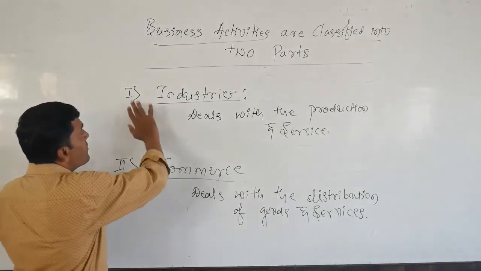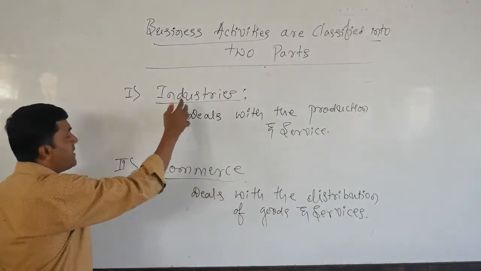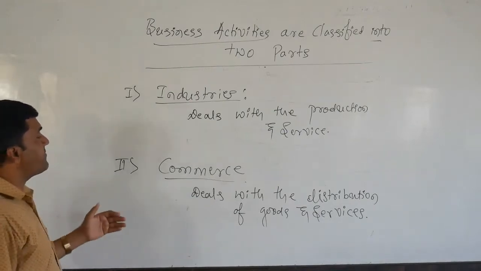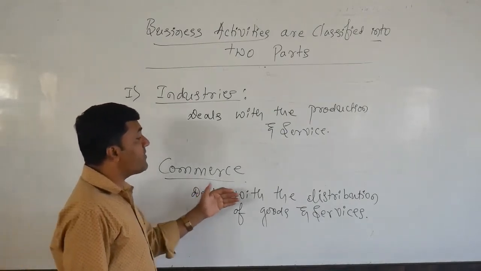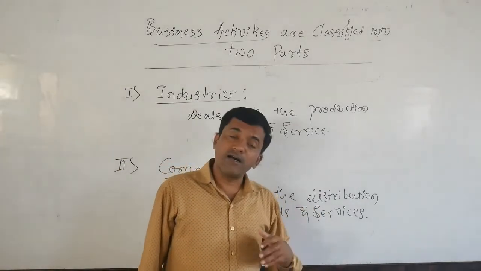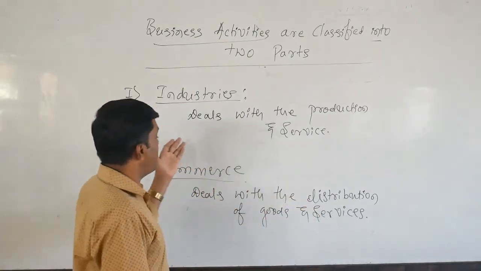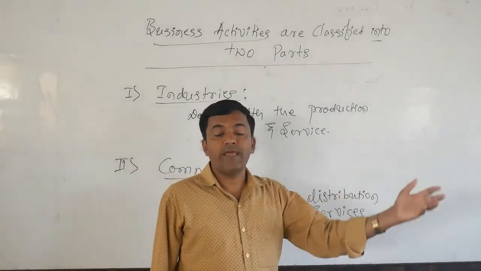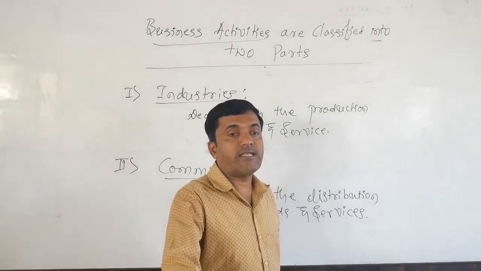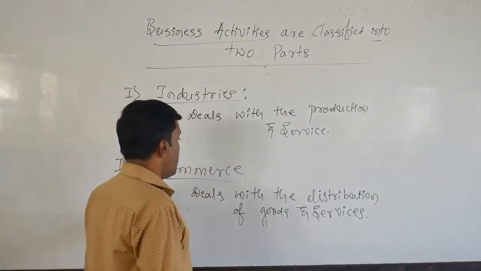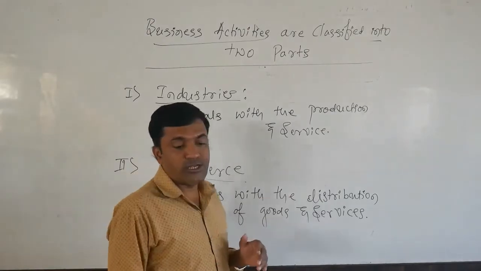So the next classification of business activity is commerce, which deals with the distribution of goods and services. What we have produced in industry, we need to supply the produced goods and services to the end users. In that aspect we deal with the distribution of goods and services.